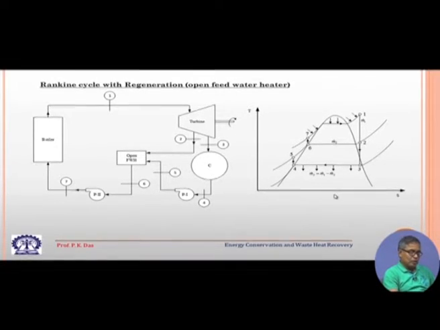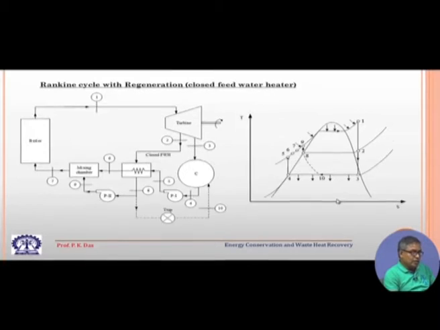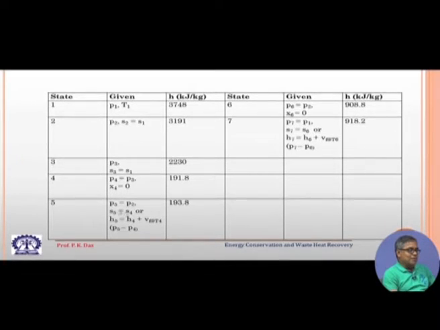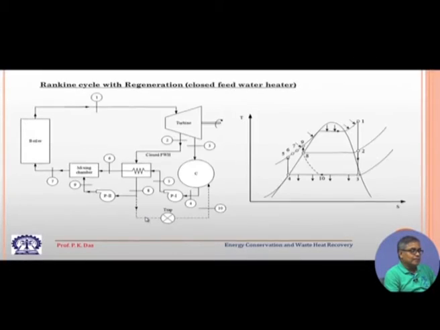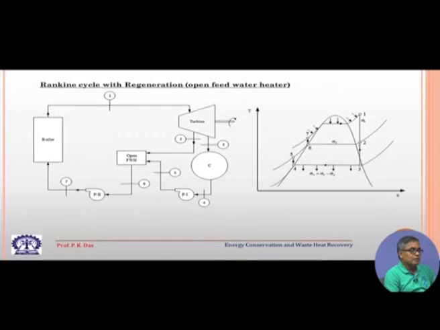So let us go back to the table of solution. At point 5, this is the condenser pressure, P5 is known, and then S5. Let me see once again. Point 5, you see, has been equated with point 2.